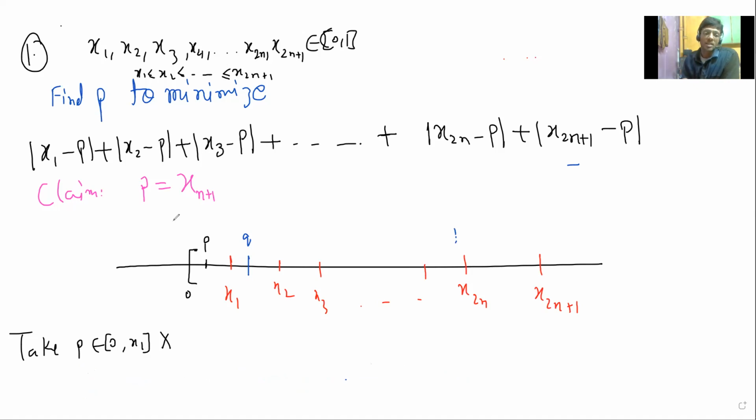So then what should be the next step? Let me first write it. What we have already shown is that p has to be inside x1 to x2n plus 1. Good. So then what's the next thing? What's next? Think.